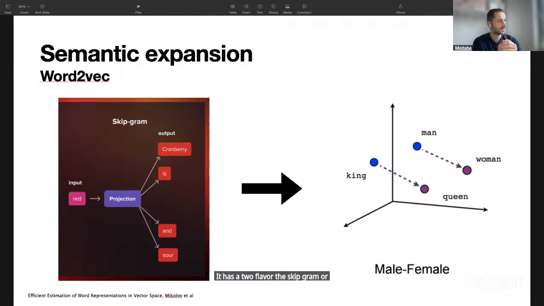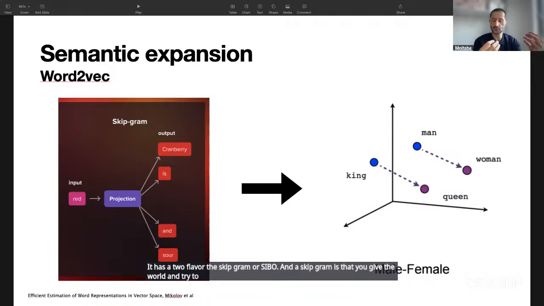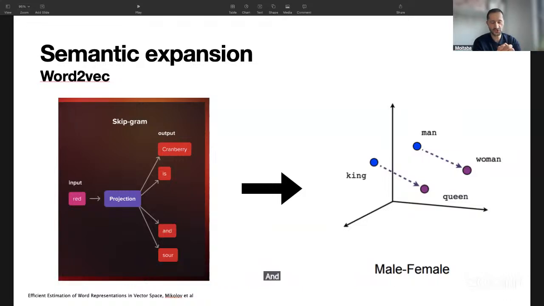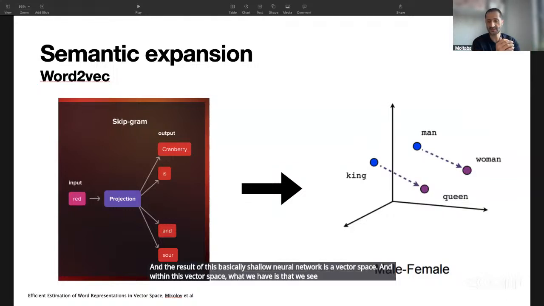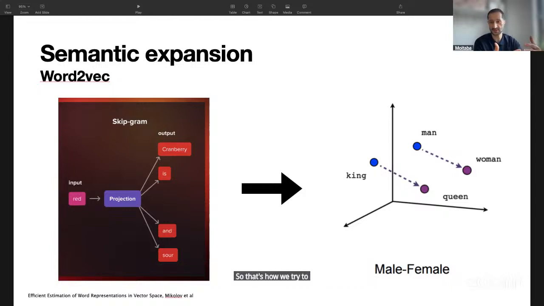In skipgram, you give the word and try to understand what would be the other words surrounding this word. The result of this shallow neural network is a vector space. Within this vector space, words that are semantically related to each other become closer to each other. So that's how we tried to tackle semantic expansion.